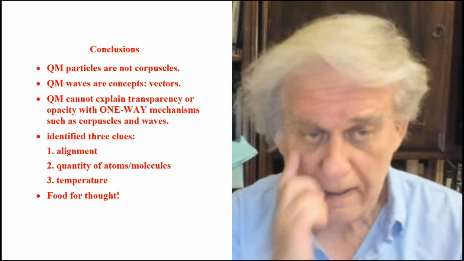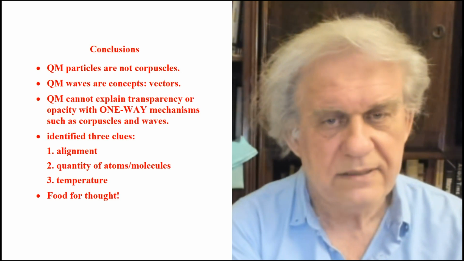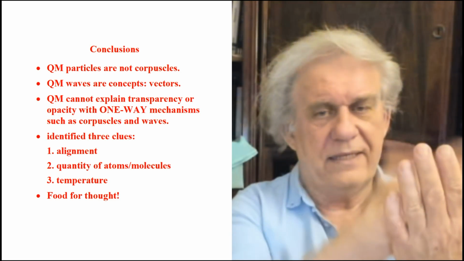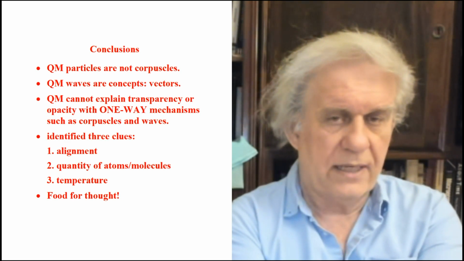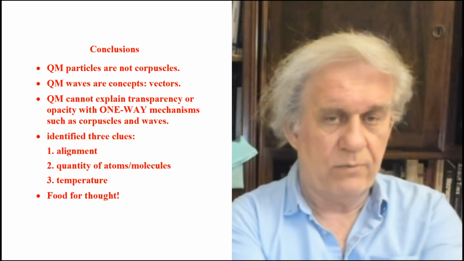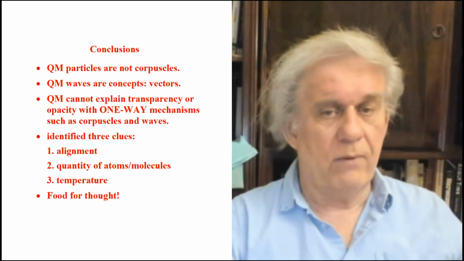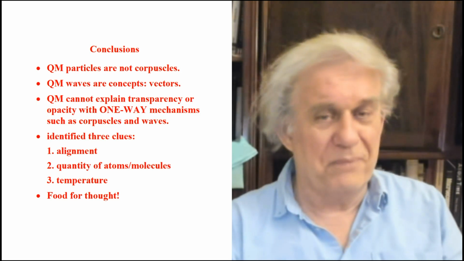That's the answer. Okay, we identified 3 clues. One is alignment. Okay, the polarized lenses. That's one way Mother Nature distinguishes between opacity and transparency. Another one is quantity. We put more quantities of something, and what was transparent, you put all these transparents one next to the other, and you turn it into opaque.